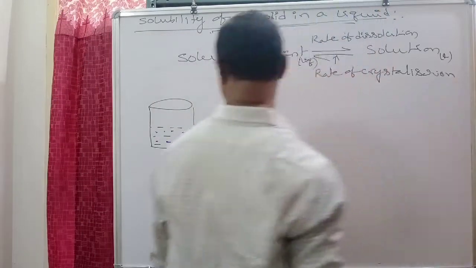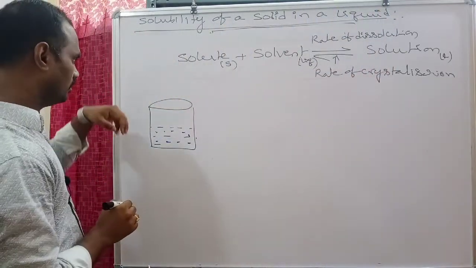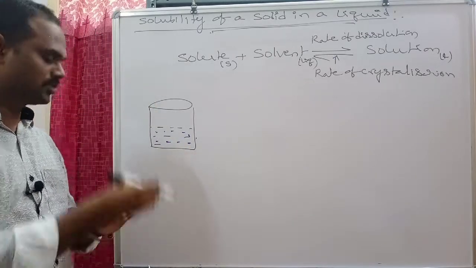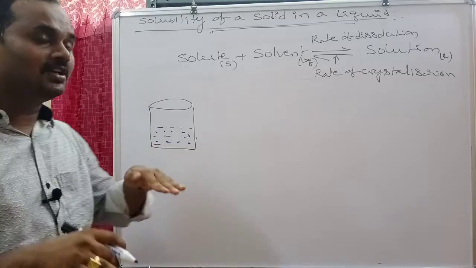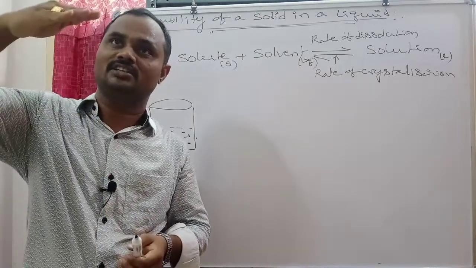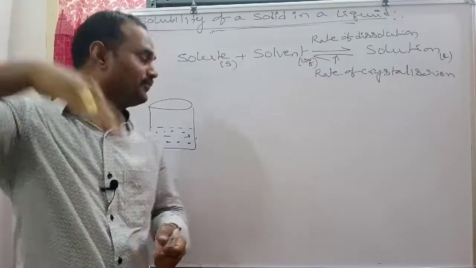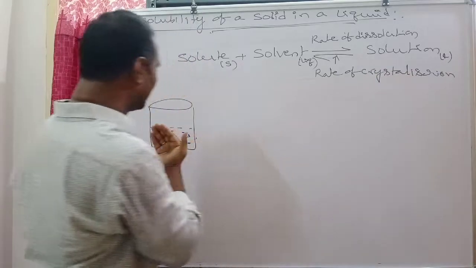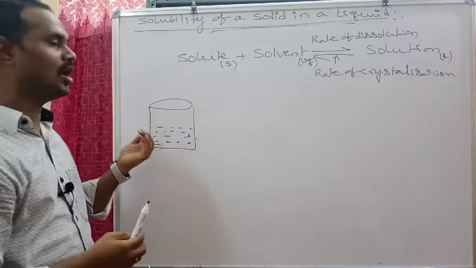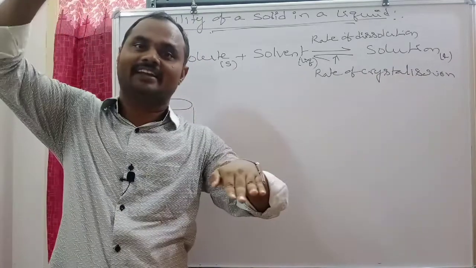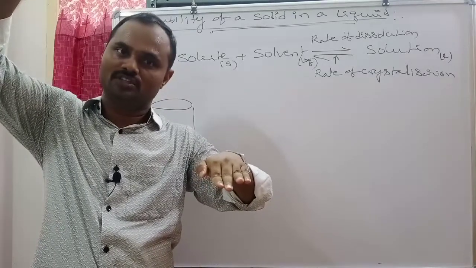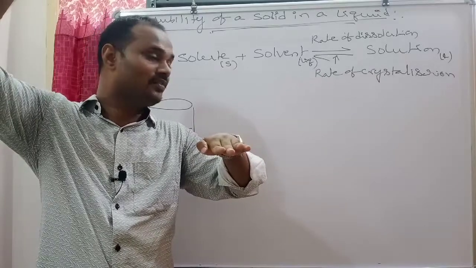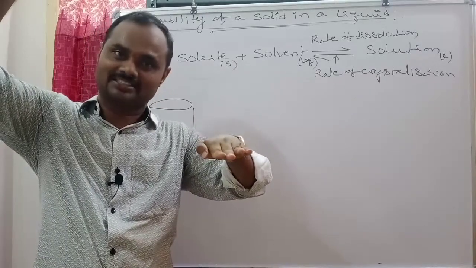Carefully see, initially we took solvent, then added some solute. Slowly dissolution will happen, and initially the rate of dissolution is more and the rate of crystallization is less.